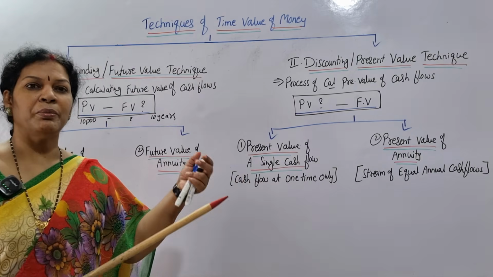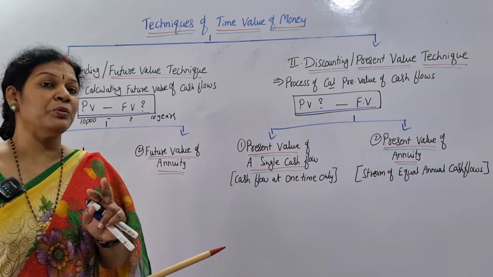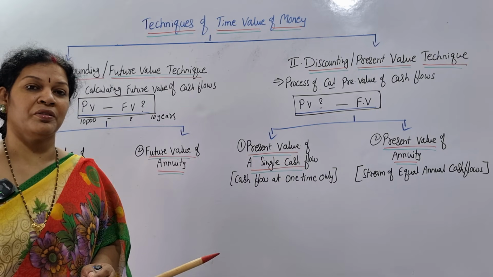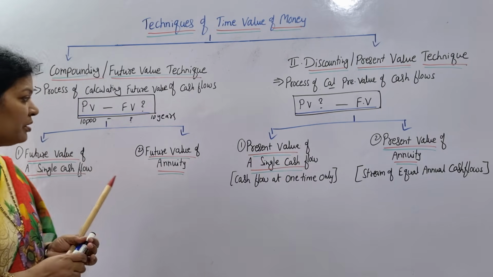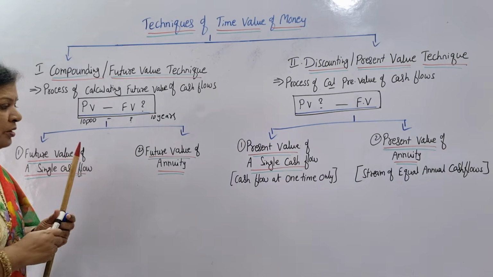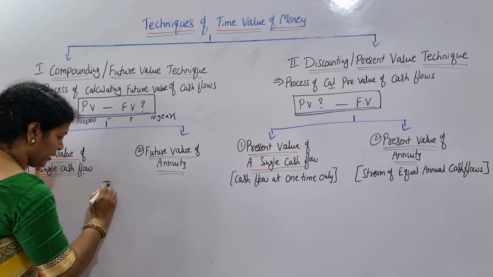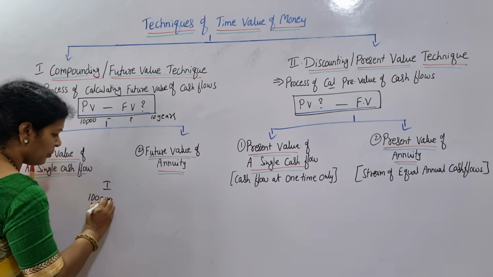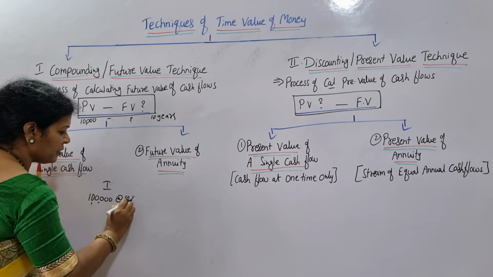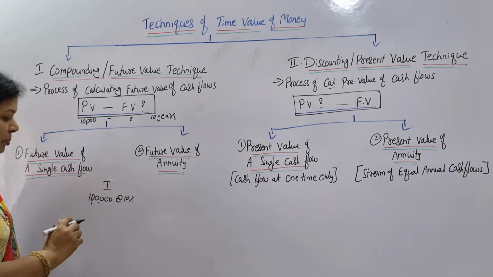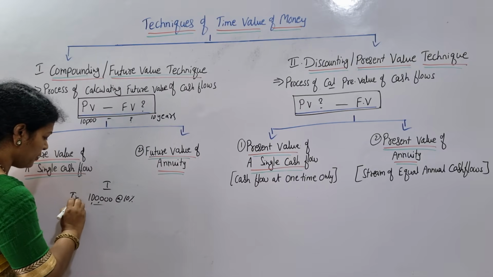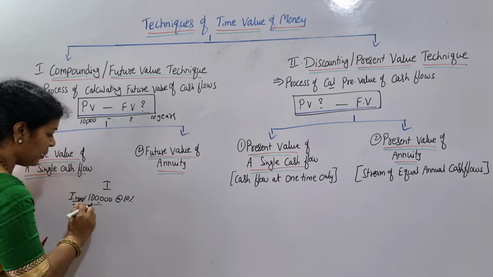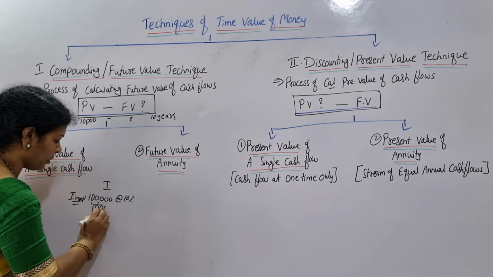Sometimes we'll be taking the interest directly. Sometimes we don't take the interest. That interest is included in the principal amount. Let me make it very clear. Compounding means, one concept is that I have invested 1 lakh rupees. On 1 lakh rupees at the rate of 10% interest I am going to get 10,000.